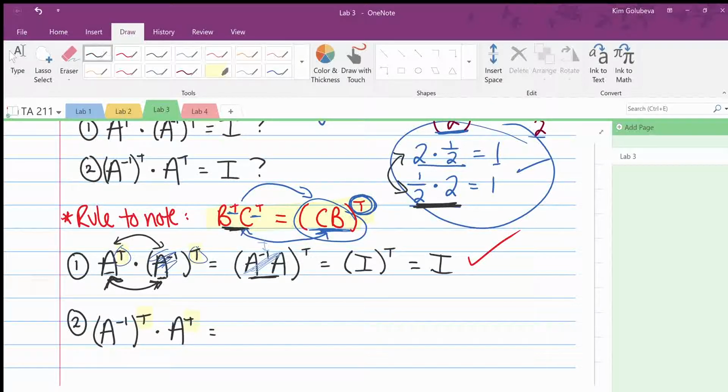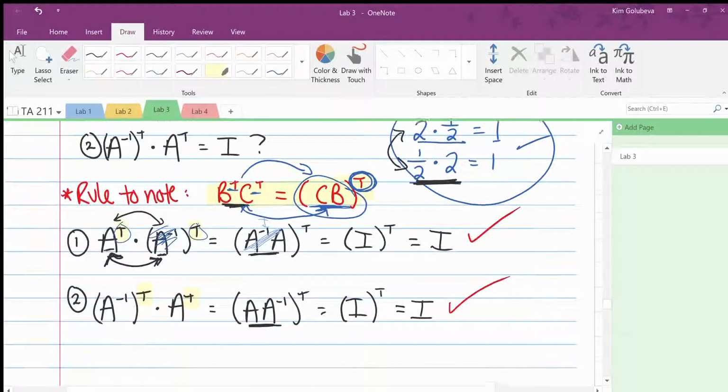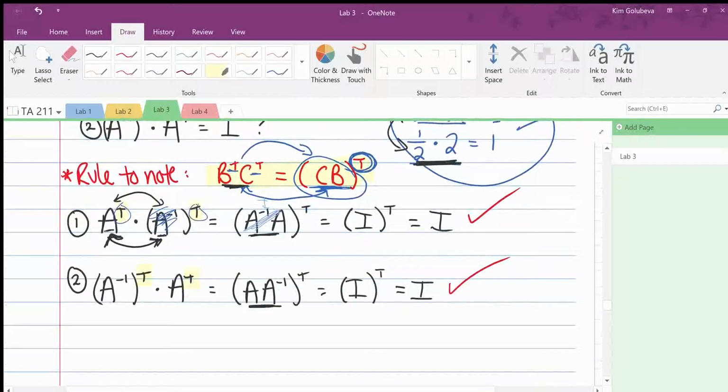So we know that we can collect the terms in here, and we'll get A inverse transpose. And once again, this is equal to identity transpose because A times A inverse is the identity, and this just equals I. So we can check this one off too and say, yeah, it works for both cases.